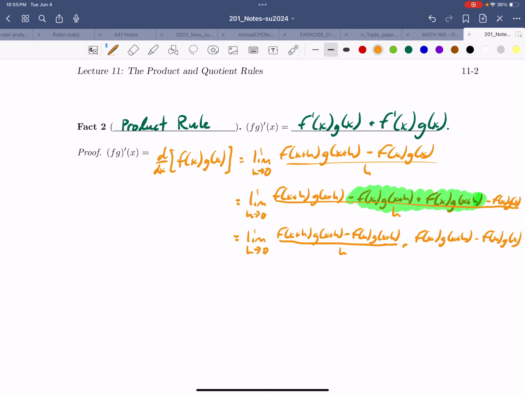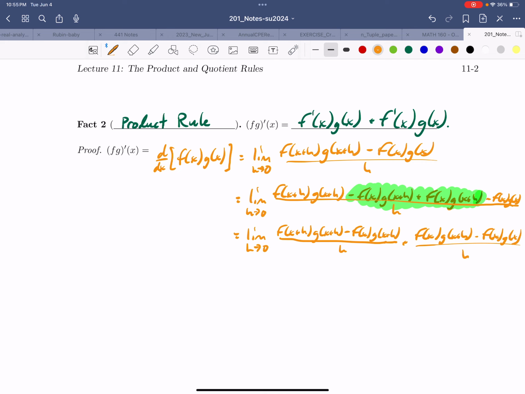Right, and I guess, using some simplification and maybe some limit laws, we see that we're allowed to do the following. I'm going to write this over here because I think I'm running out of room.